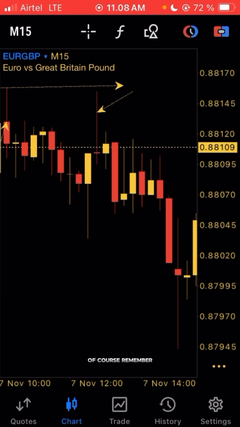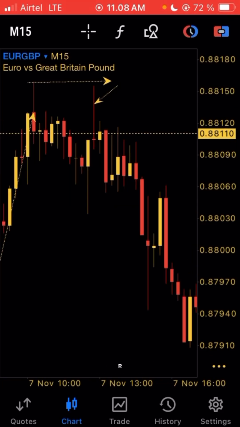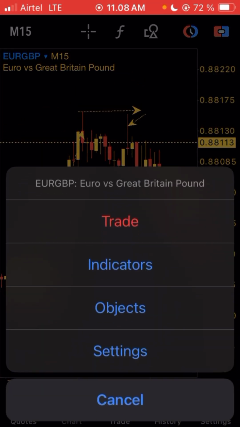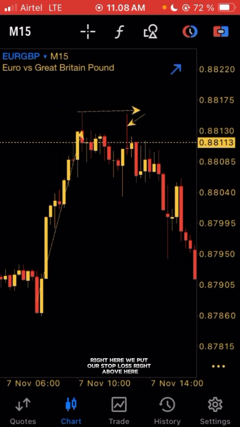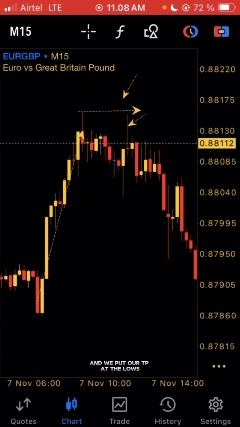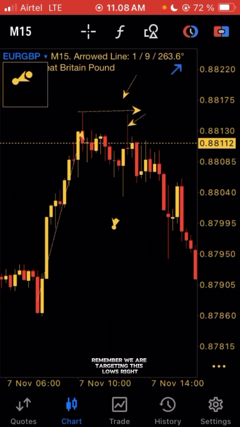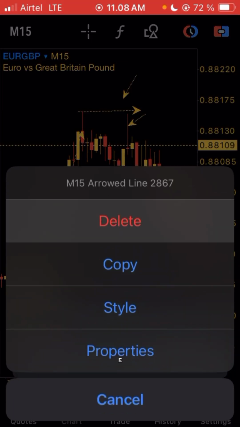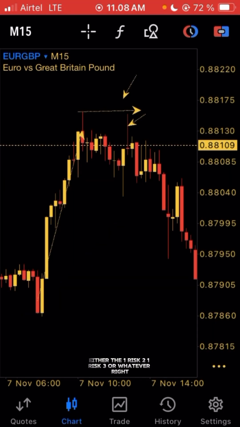Of course, remember, we are working with probabilities, right? So we take our sell and put our stop loss right above that level right here. We put our stop loss right above here, and we put our TP at the lows. Remember, we are targeting these lows, right? So it all depends on your risk to reward ratio, either the 1:2, 1:3, or whatever, right?